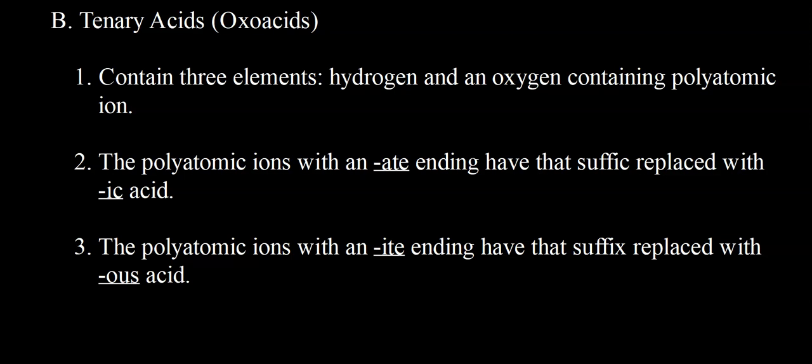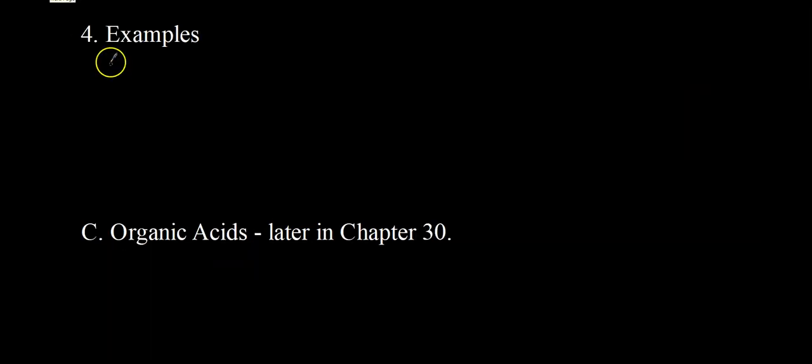So let's take a look at some examples. So we have HNO2. So what is the polyatomic ion? Again, this is a molecular compound. This is a molecule, so there's technically not a polyatomic ion in here. But if you put this in water, it would ionize to produce a polyatomic ion.